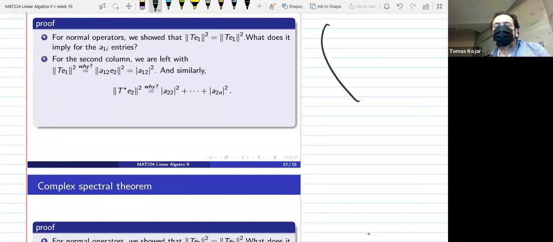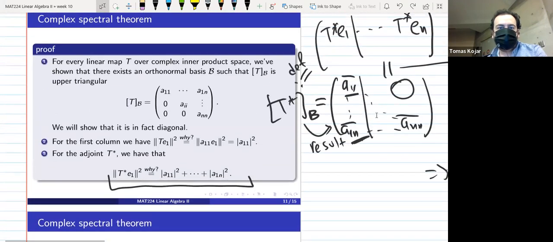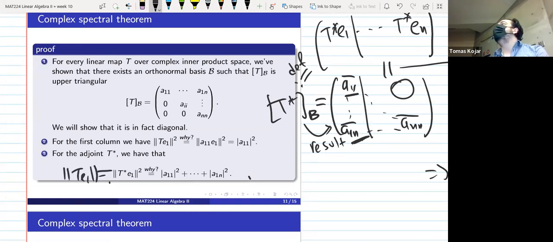Right, so what we just did, right. So in fact, I should go up here. So what did we just do? We showed that this guy is equal to TE1, okay? But this guy is equal to A11.